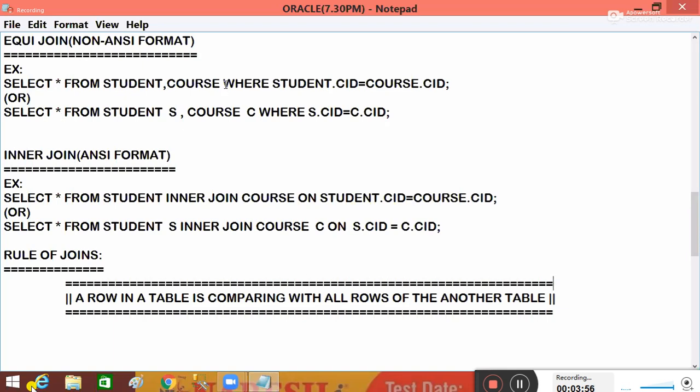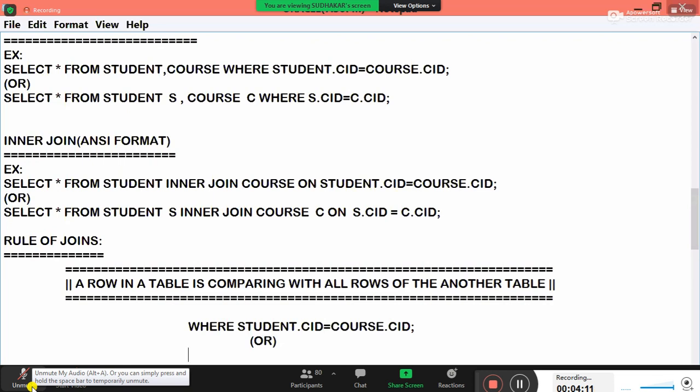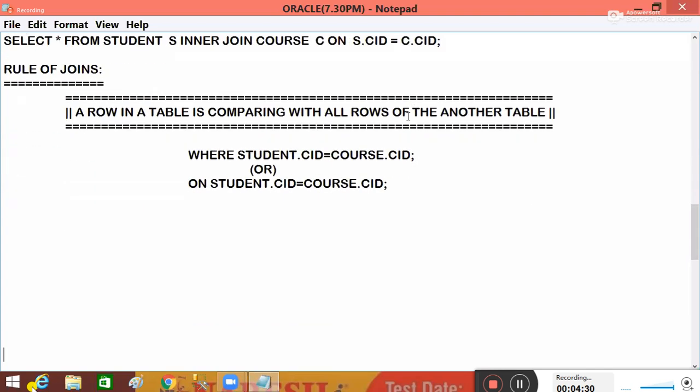This condition we wrote in non-ANSI and ANSI format. The key is very important.